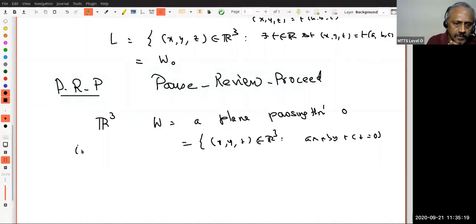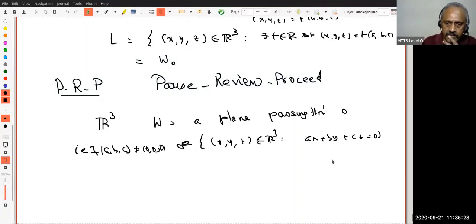That is, there exists (a, b, c) not equal to (0, 0, 0) and W equal to this. This is the equation of a plane, right? We have seen this is also a vector subspace of R3.